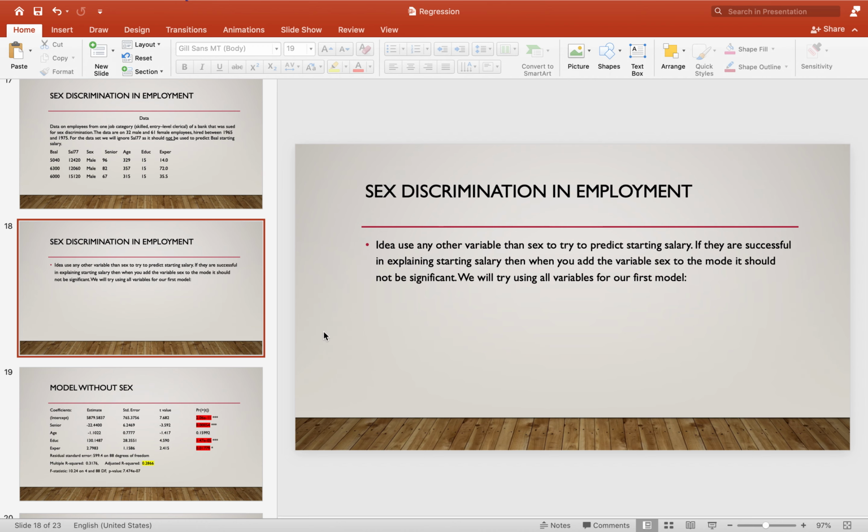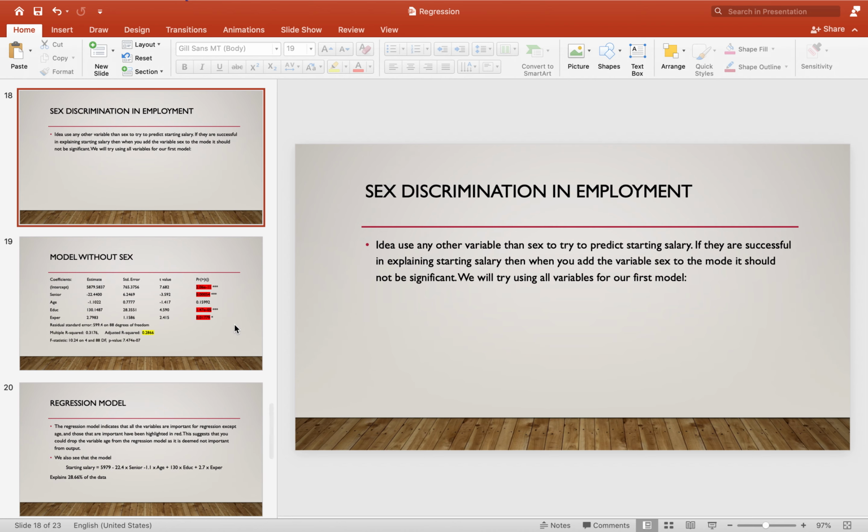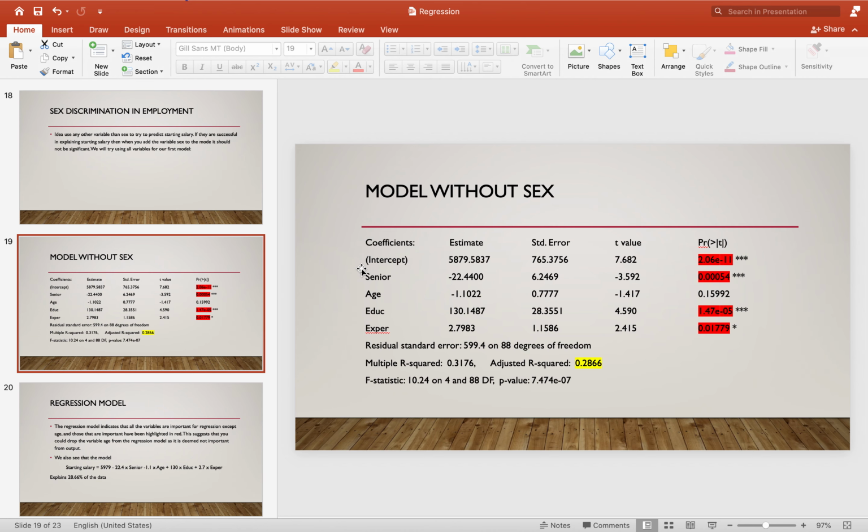Okay, so perhaps there is a reason that there could be a difference. Let's consider a model without sex. I'm going to include all the other variables to see how effective they are for predicting starting salary. And we can see, hey, seniority is very statistically significant for starting salary.